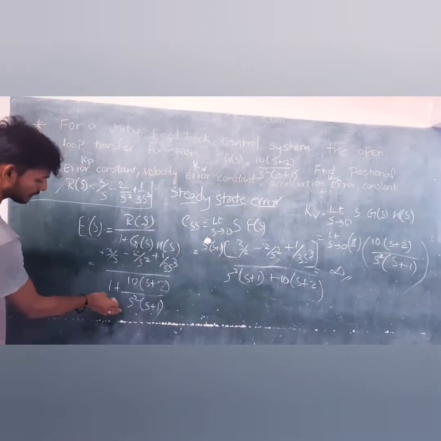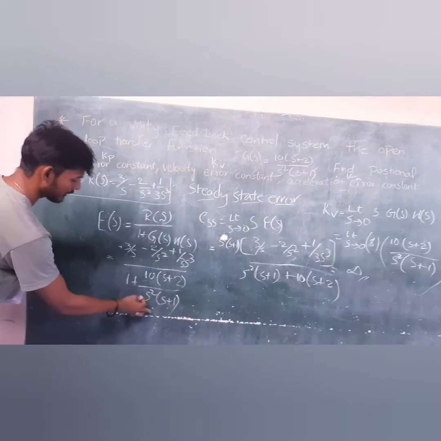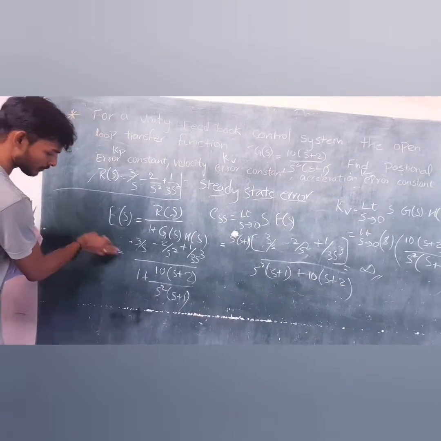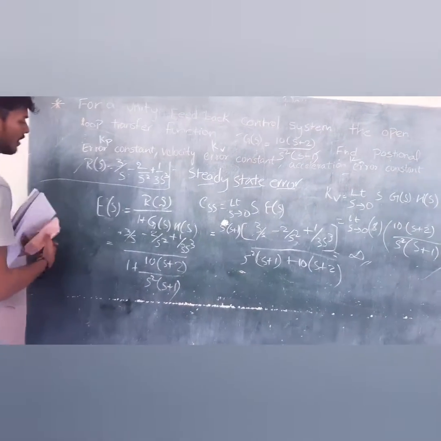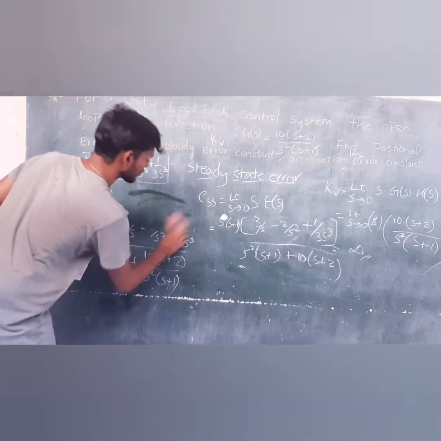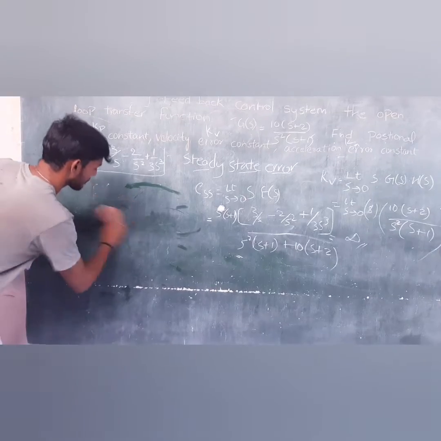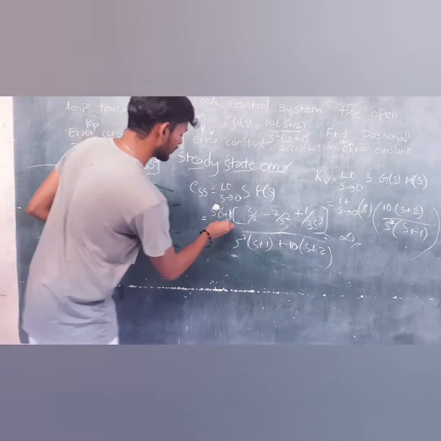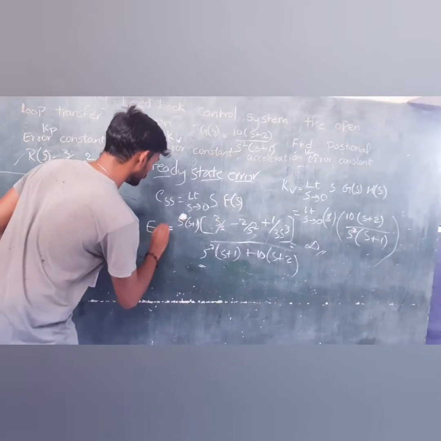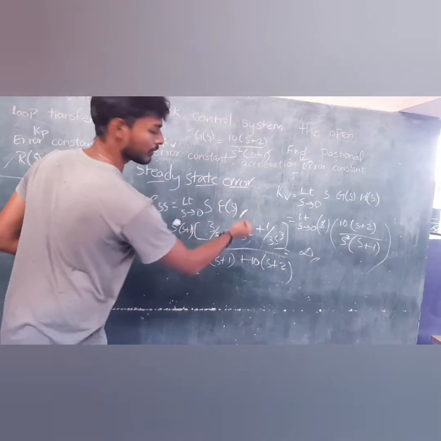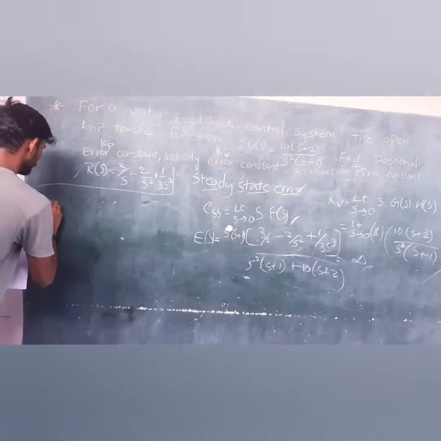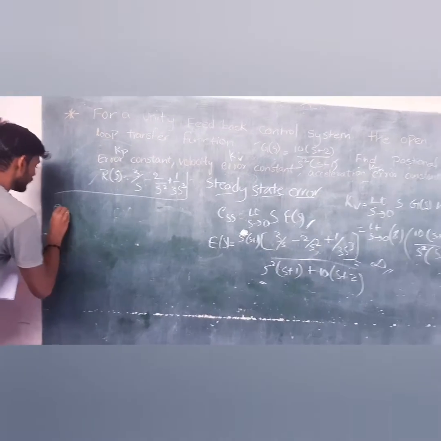So we are taking this one and this will go outside. The final output will be this one. After substituting, this one will be E(s). This E(s) we are substituting in this one.